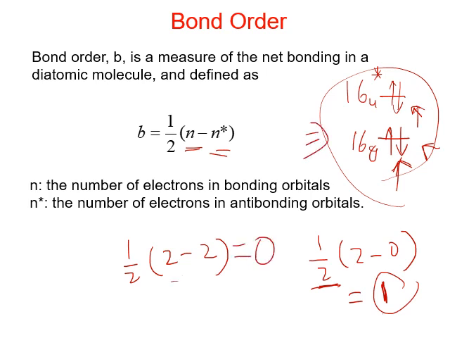So this molecule does not have any bond order, or in other words, it doesn't form a stable bond because the electrons in the bonding and anti-bonding cancel each other. So the molecule does not gain any energy. The bond order is a measure of net bonding in a diatomic molecule.